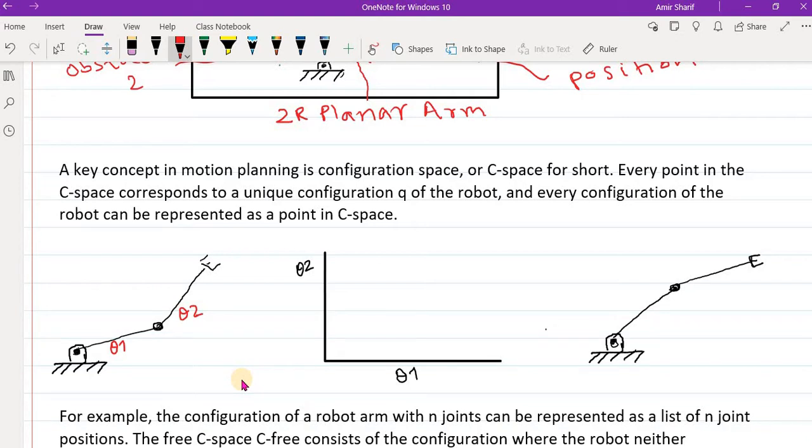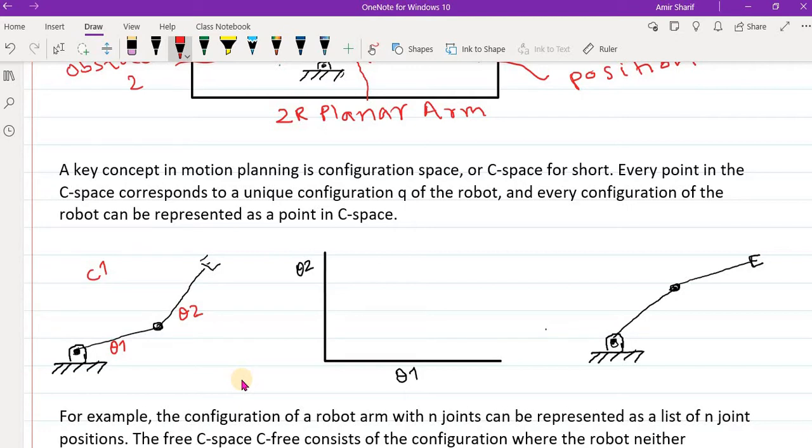Let's say we call this configuration C1, when theta 1 and theta 2 have specific values. This configuration C1 corresponds to a point in your C space.